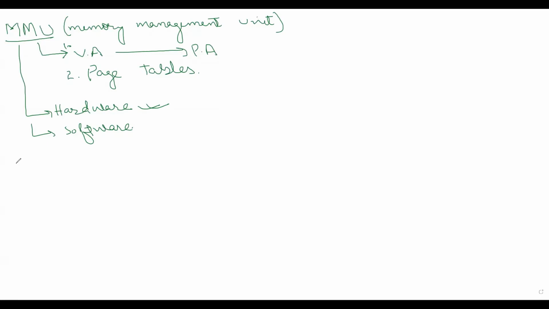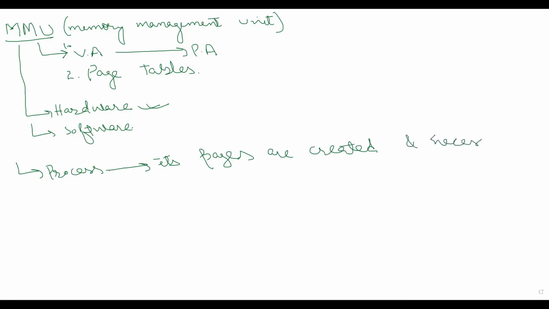So when a process is created, it means that its pages are created, and necessary updates are done in the TLB. What are the necessary updates?